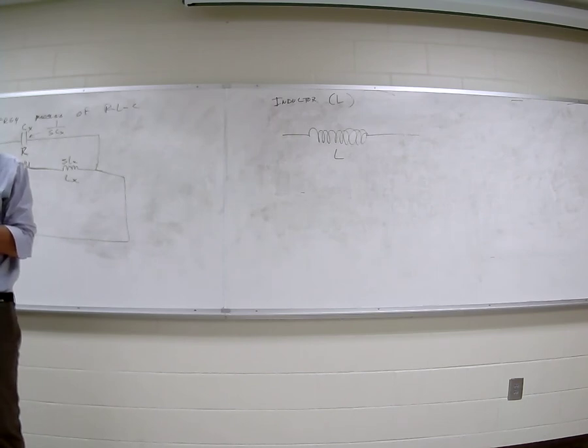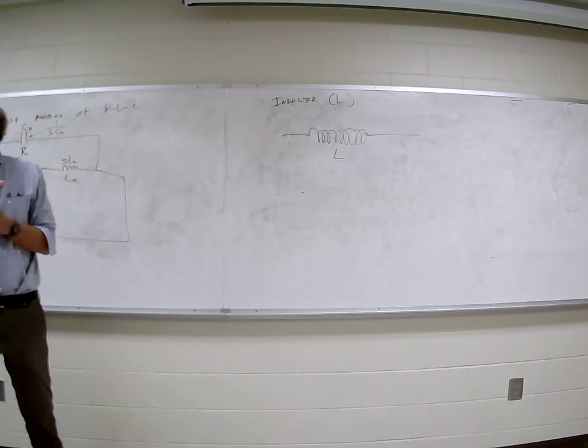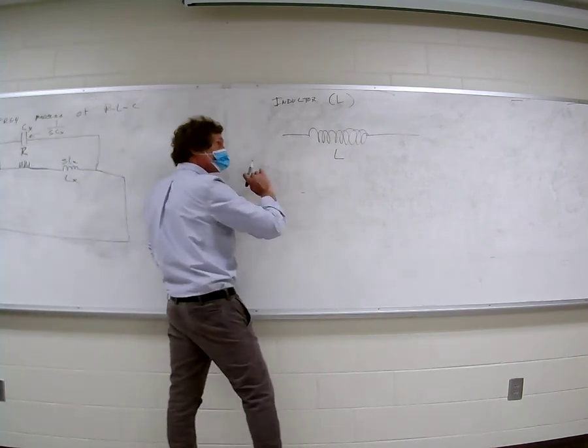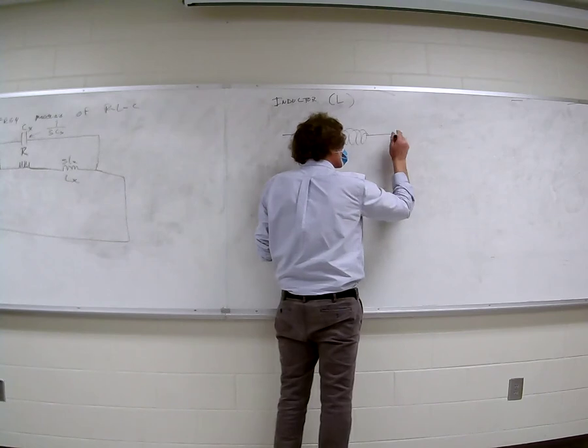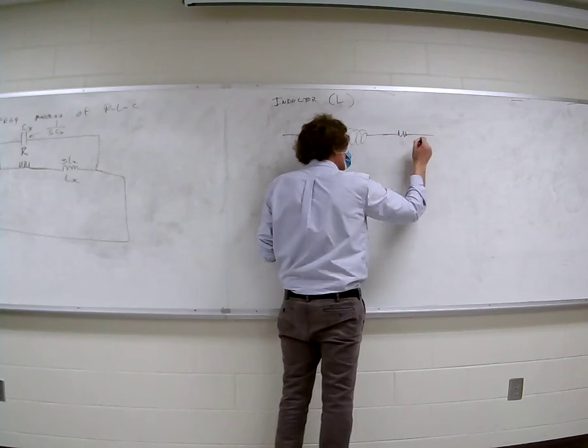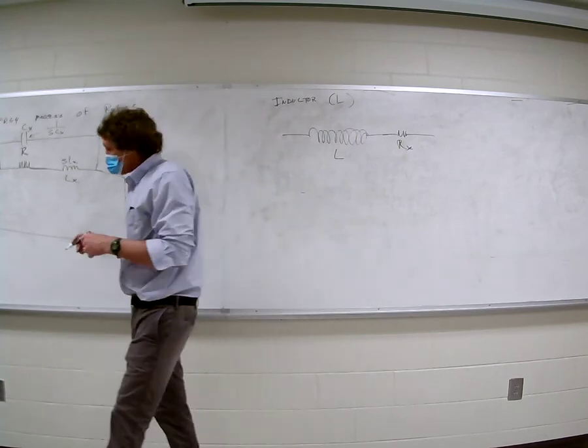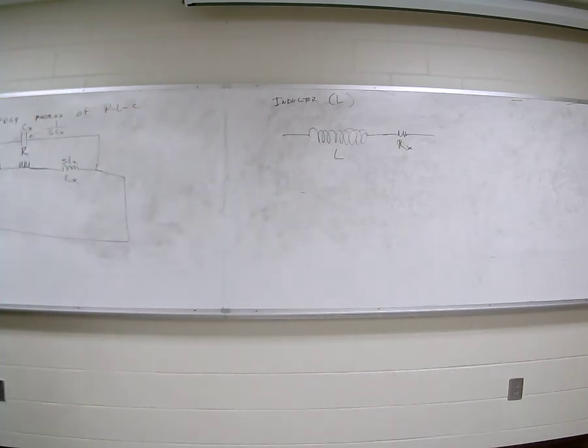That's not really true, though. There's always some measurable resistance to any wire. So normally when they do these things, they say that's what an inductor looks like, just L like that. But there's also some sort of internal resistance the wire has. And they put that X there, Dr. Wentworth does, to say it's not wanted. We'd like to get rid of it, but it's inherent. So there's some internal inductor resistance because of the length of the wire.